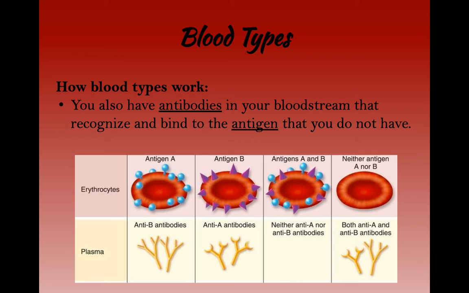And finally, if you have O type blood, you have no antigens on your red blood cells, but you've got both types of antibodies. These antibodies recognize whatever antigen they're programmed to recognize, and they trigger that for destruction by the immune system.